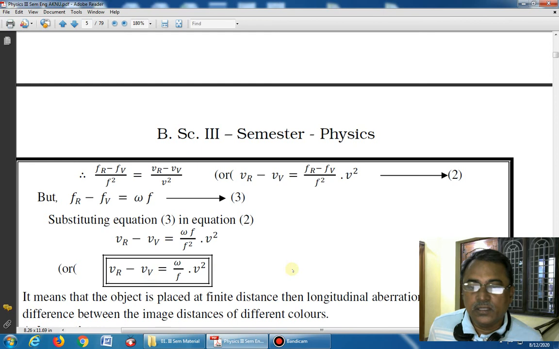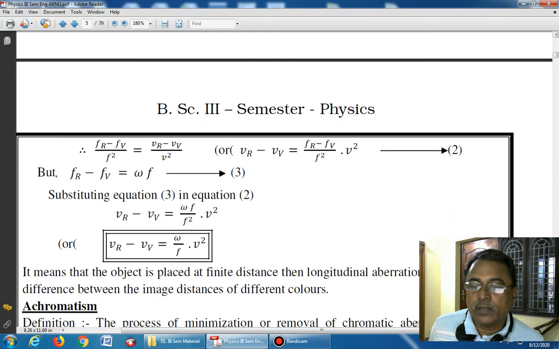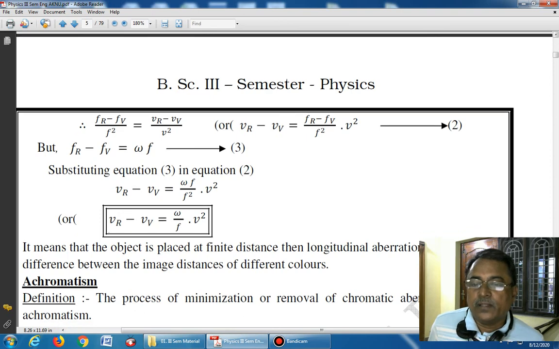This is the equation for longitudinal chromatic aberration when the object is placed at finite distance. So, my dear students, with this I will conclude this part, and next we will go into chromatic aberration in the next part. Thank you.